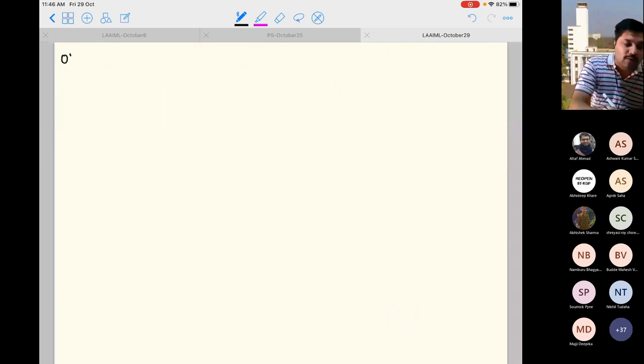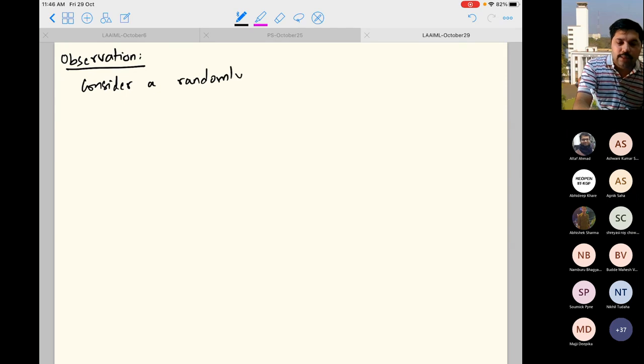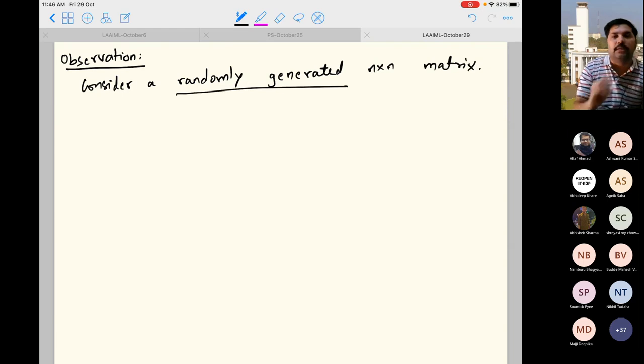Another observation I want you to make is the following. Consider a randomly generated n by n matrix. Something very important: randomly generated.